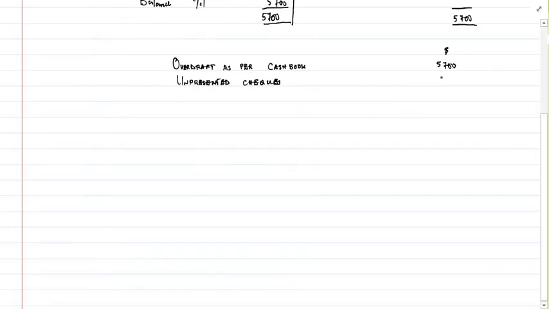So less 1,500, we get 4,200. Overdraft as per bank statement.